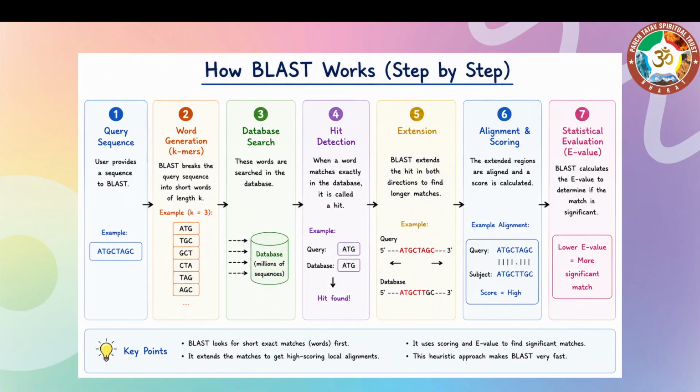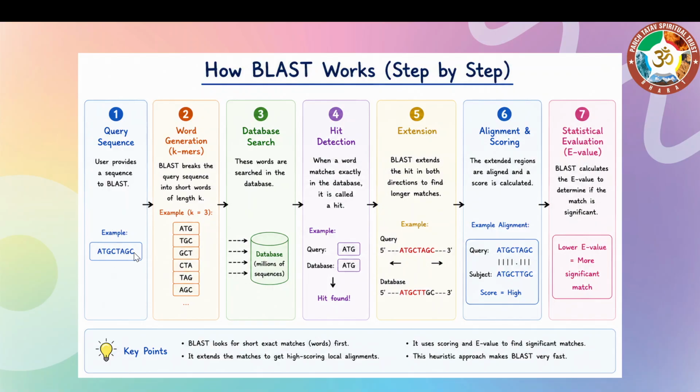So first of all, let's understand what happens inside BLAST after we submit a sequence. Just assume that this is our sequence. The user is you. The user provides a sequence to BLAST, and this is called the query sequence.